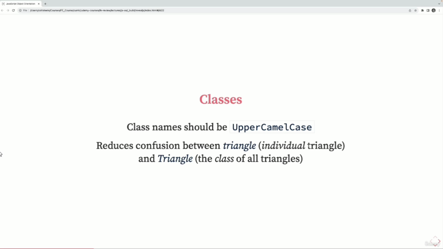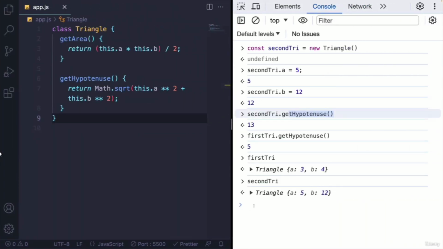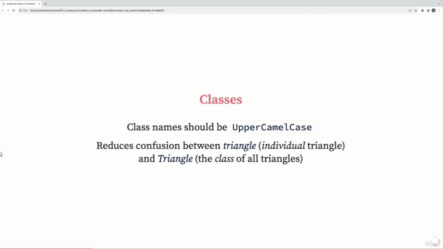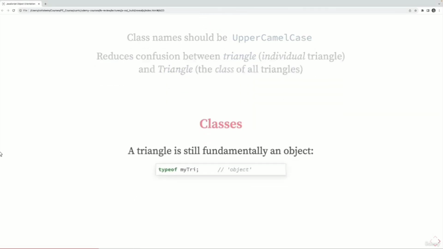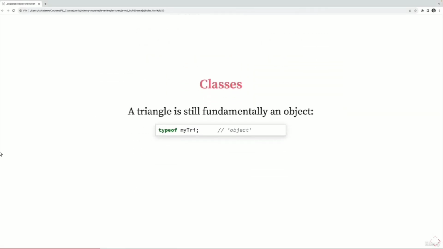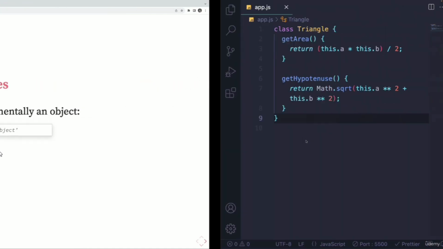It avoids confusion because now we know for sure there's a difference between Triangle, which is a class, and triangle, which is likely a variable, like new Triangle, const triangle. This would be a good variable name here. This is a good class name. We know it's a class. It starts with a capital T. It would be confusing otherwise. So that's just a pattern that we always follow, but it's not a rule as far as the syntax of JavaScript. A triangle itself is still just going to be an object.